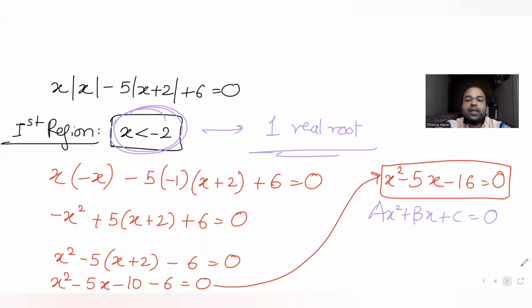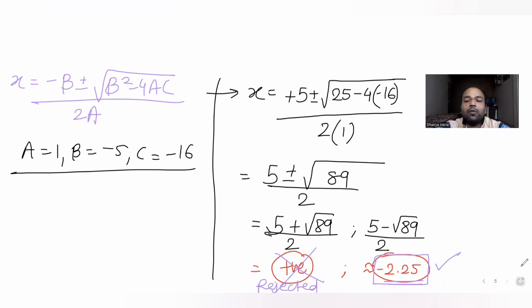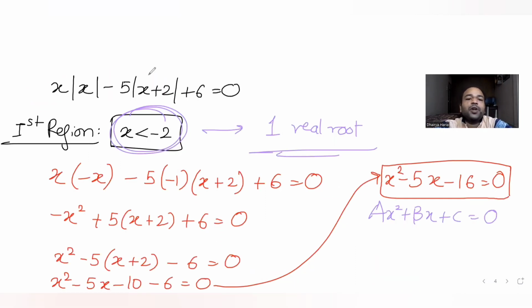Now let's analyze the same quadratic equation in the other region, where x is less than 0 but greater than or equal to minus 2. Now when x is greater than or equal to minus 2, this expression turns out positive, because if I put, let's say, minus 1 plus 2, this becomes positive, but this still remains negative.